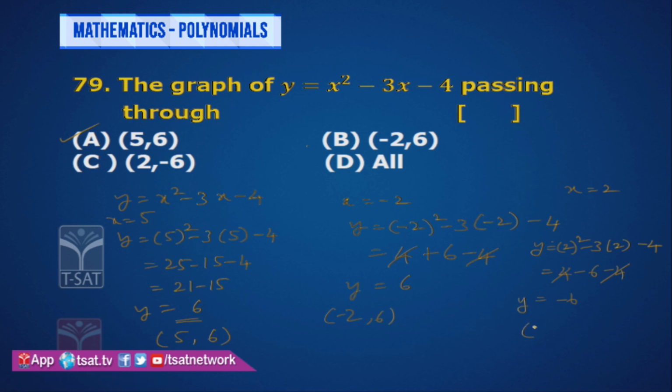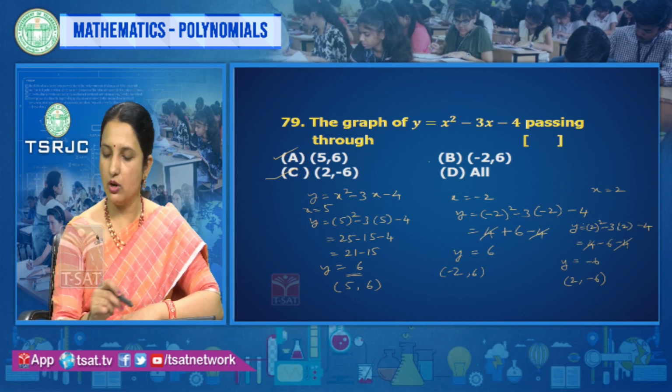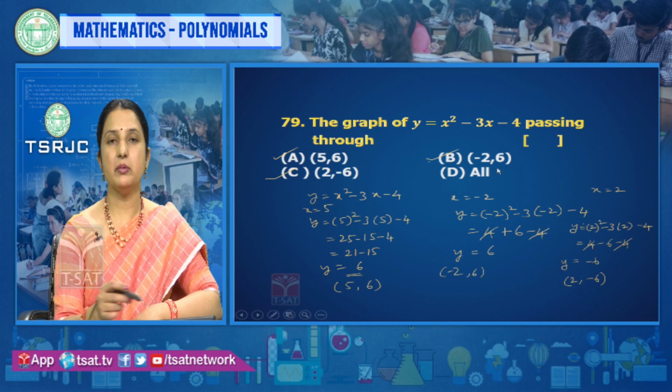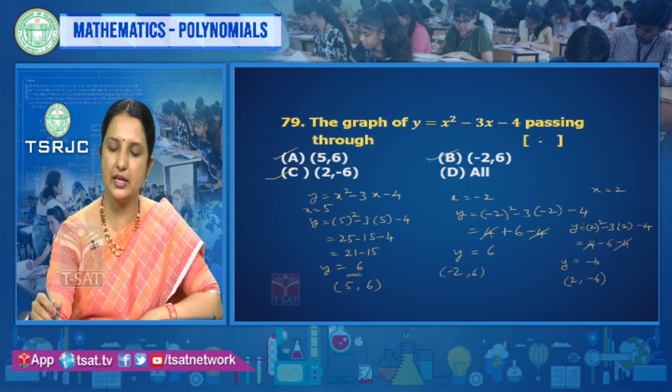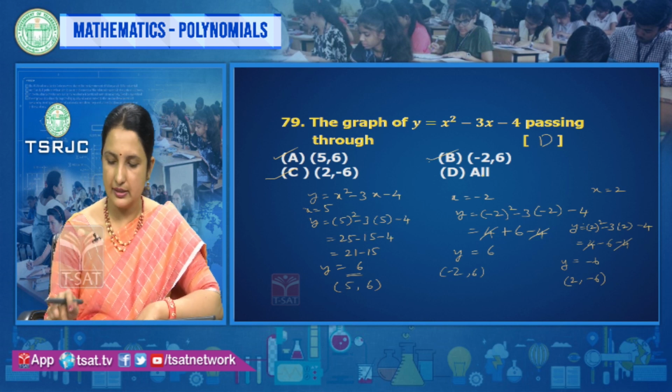So when you take x equals 2 you get y equals minus 6, so 2 comma minus 6 is also correct. So this graph is passing through all the 3 points: 8 comma 6, minus 2 comma 6 and 2 comma minus 6. So option D is the correct one, where it is given all are correct.